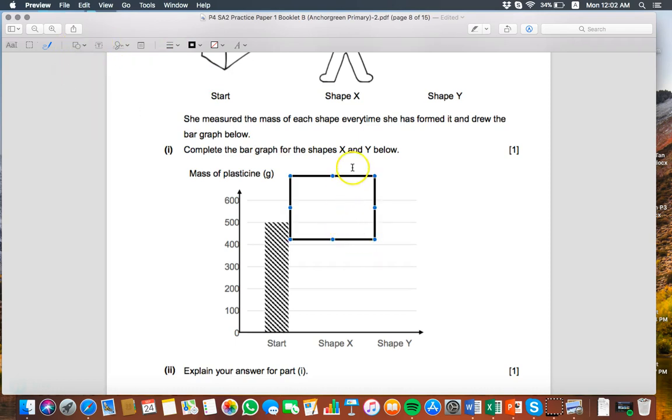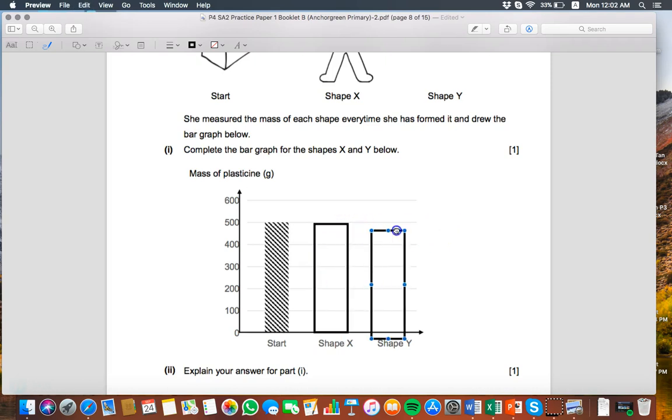You see I have to improvise. Copy, paste. Please shade. Let me see if I can shade it.